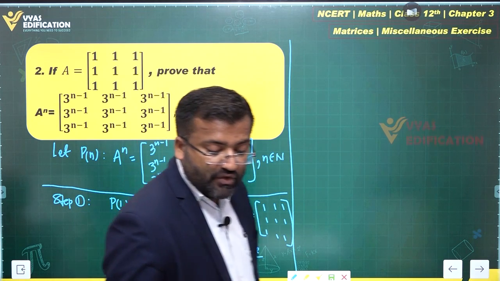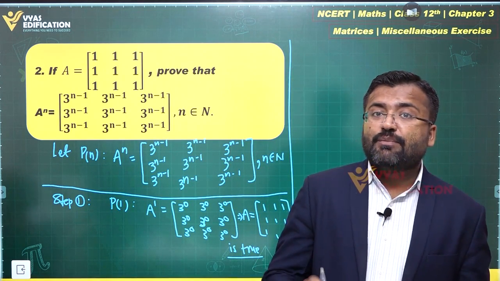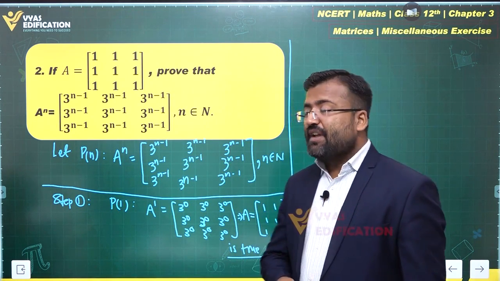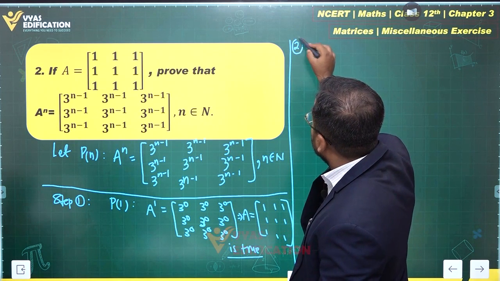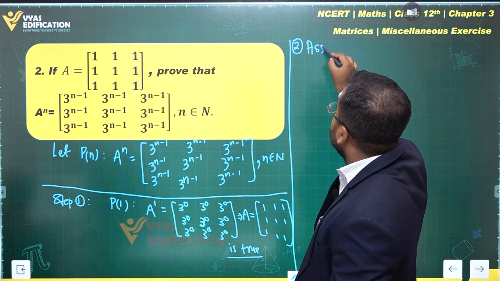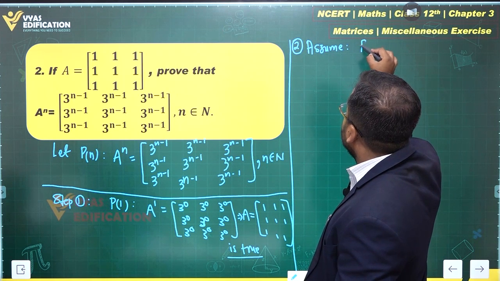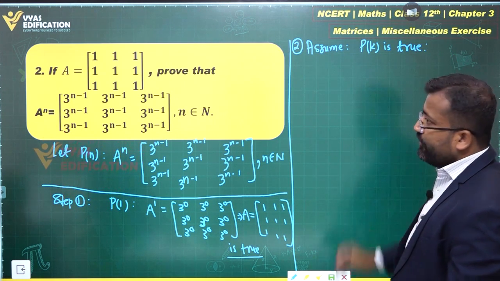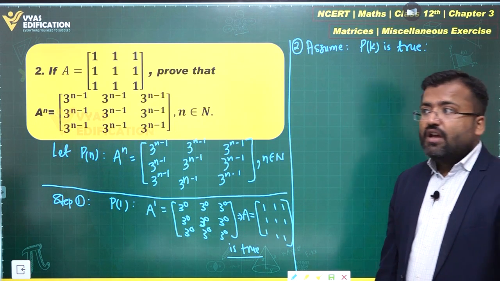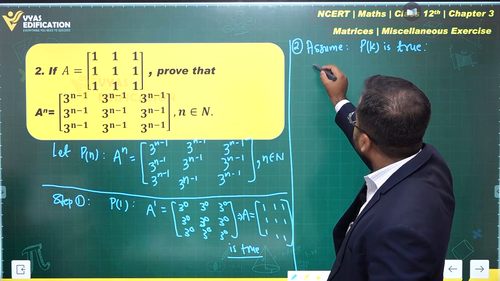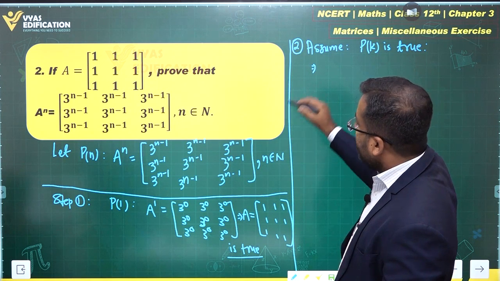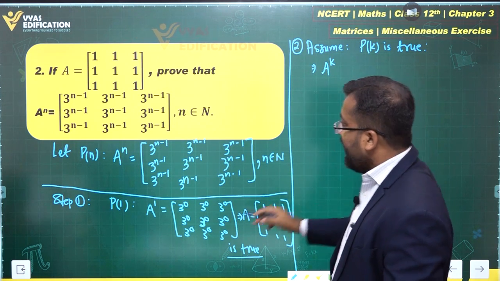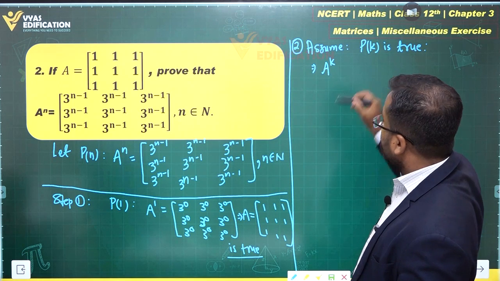Once you have found that P(1) is true, the next step that is involved is P(k). Assume P(k) is true. Okay, so what does that imply? Implies that A power k, instead of n, I'll substitute k, right?